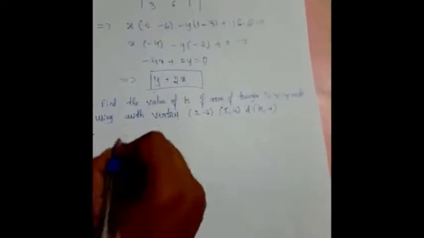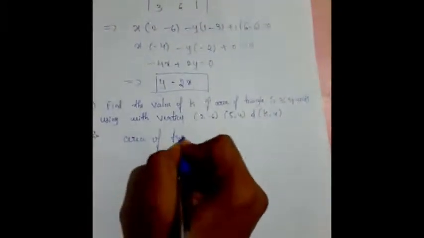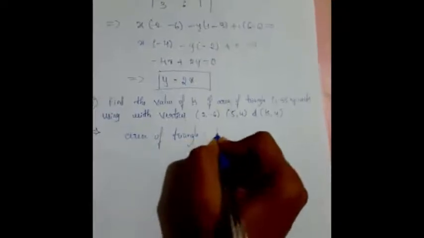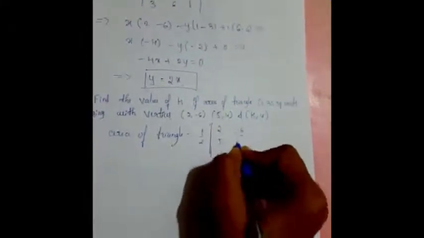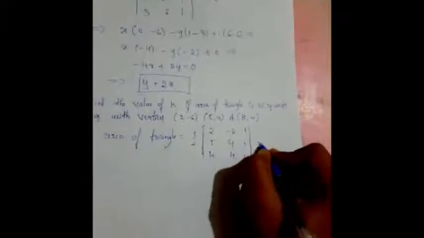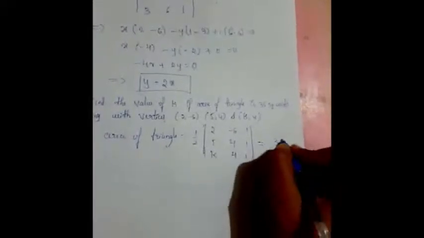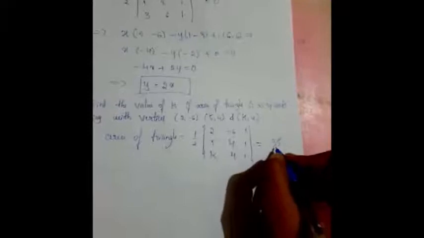You all know the area of triangle formula: half, then in the first row 2 comma minus 6, 5 comma 4, k comma 4, and the third column will be 1 1 1. They have already given that this value is 35 square units.